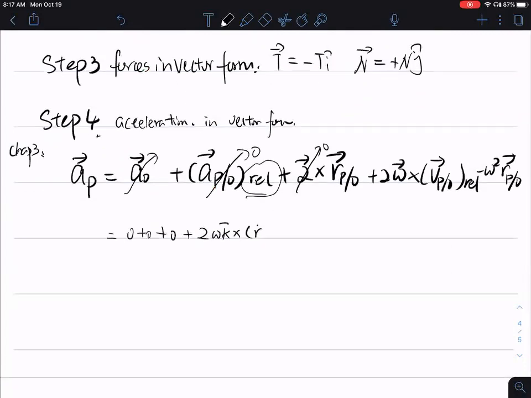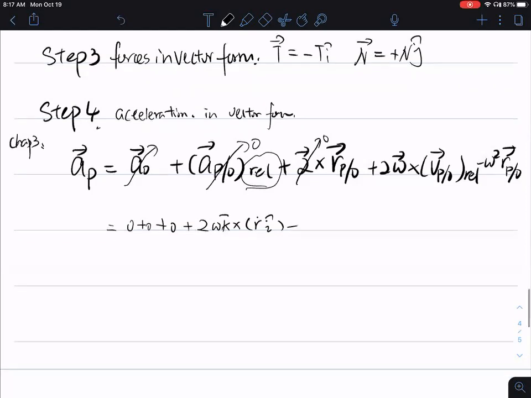That's how we set up our coordinate system. Oops, my bad. That's minus omega square Rp/O.